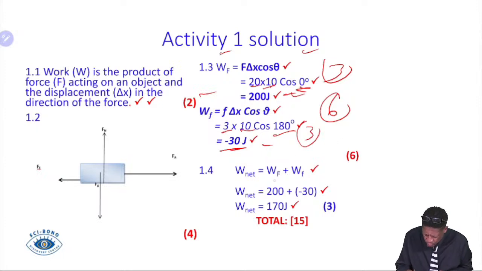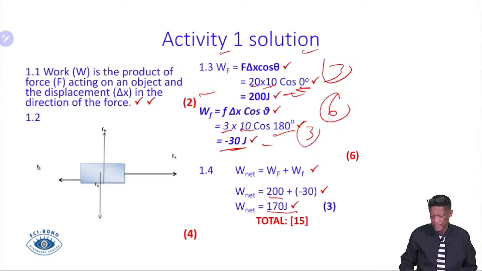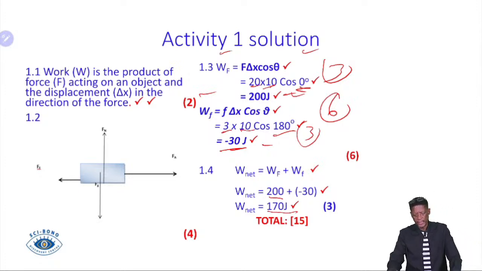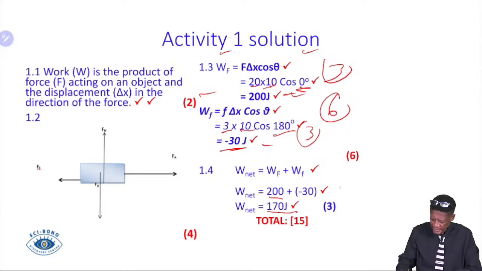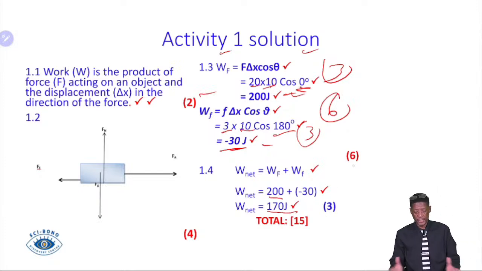You see now we are working with the answers that you have got at the beginning. You put the 200 there plus the negative 30. Then you resolve your answer with a calculator. You get 170 joules. So that is how you calculate.